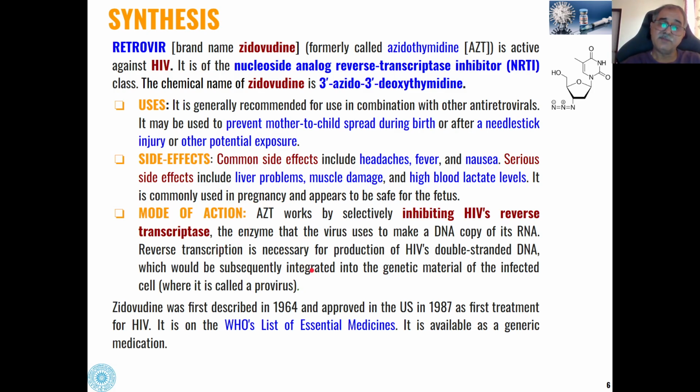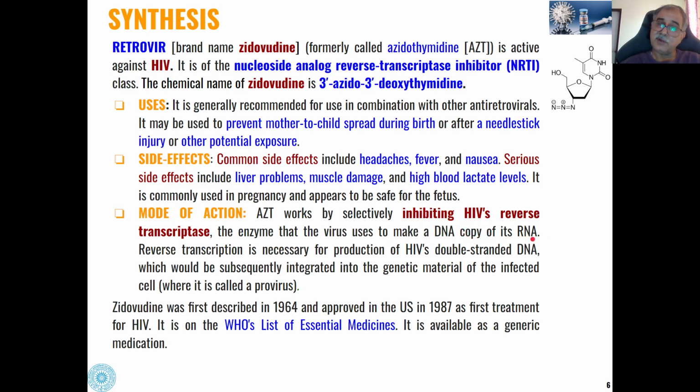The mechanism of action of this drug is that it will inhibit the HIV's reverse transcriptase enzyme. As you know, the reverse transcriptase enzyme is used for synthesis of DNA from the viral RNA.